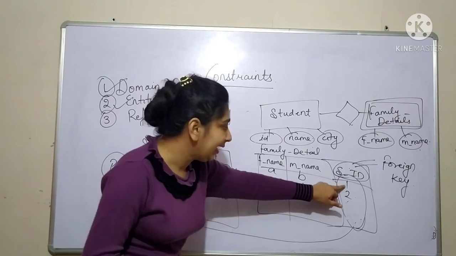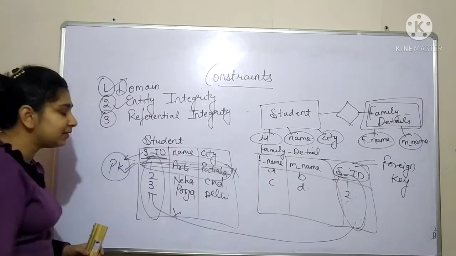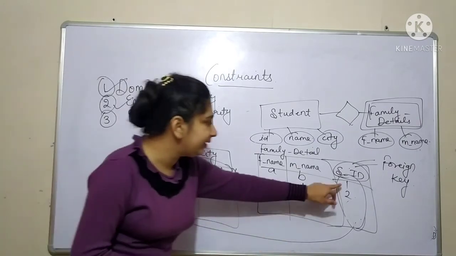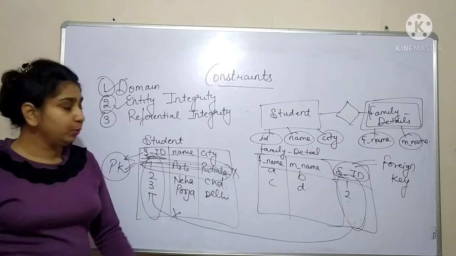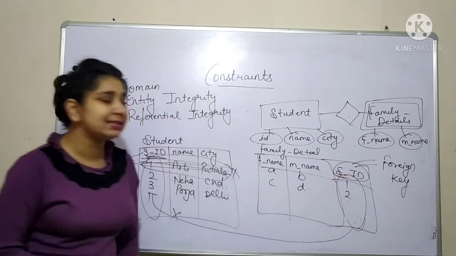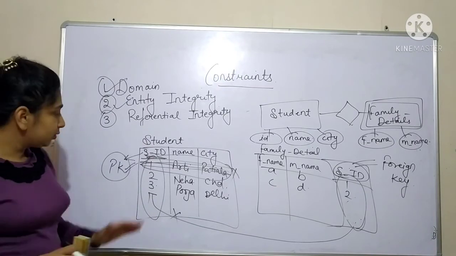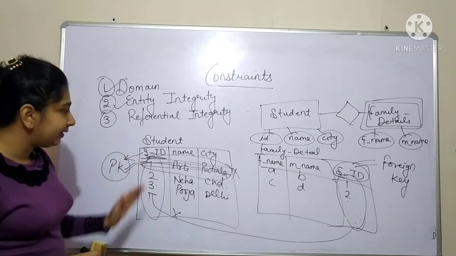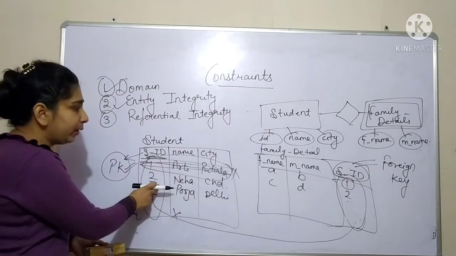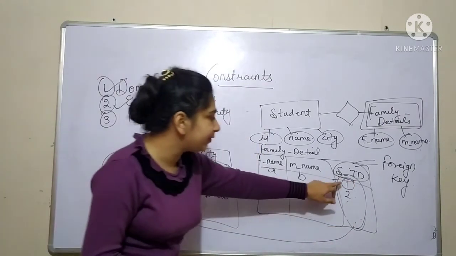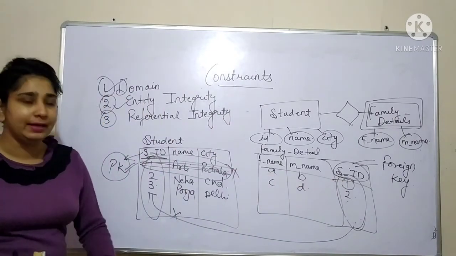But here we have 1, which is actually not present in this table. So how will you deal with this value? I already told you that all the values in this column would be from this column. If that row is deleted, which value is 1 referring to now? There is no reference of 1 now. So how will we deal with it?